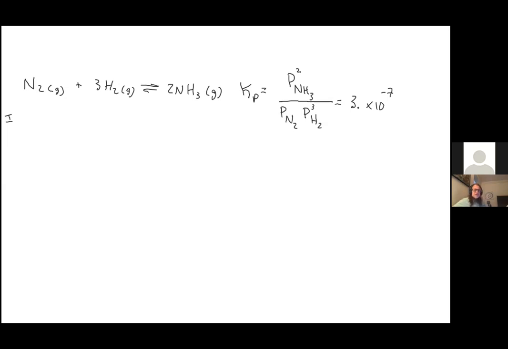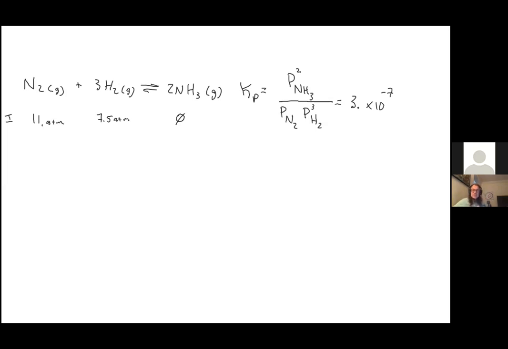Initial are the pressures they give you at the beginning. These are going to be given 11 and 7.5. And then this is 0. If they don't tell you how much of that is put in, if they don't give you any indication of it, then it's 0. Okay.